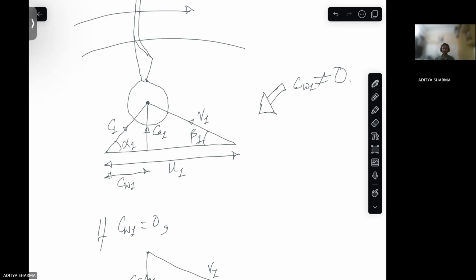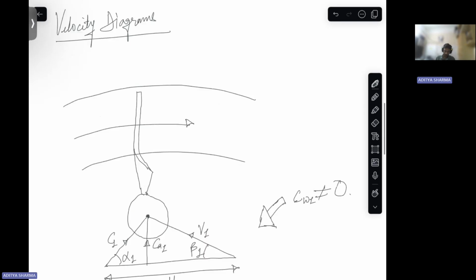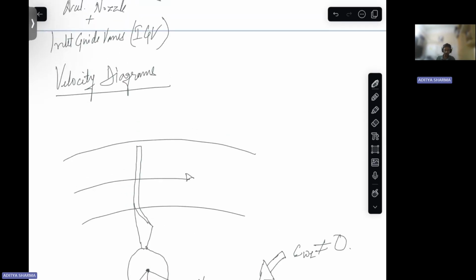Then this is about the inlet. Now about the outlet.